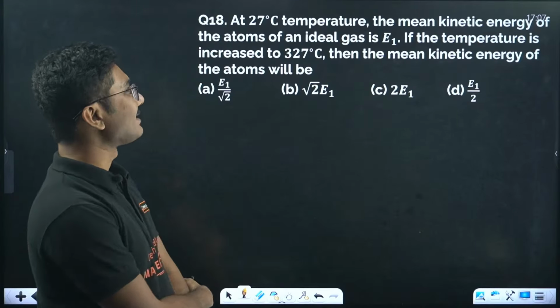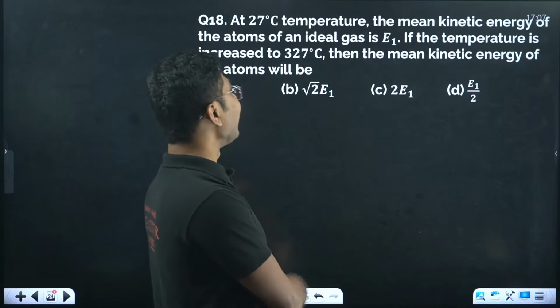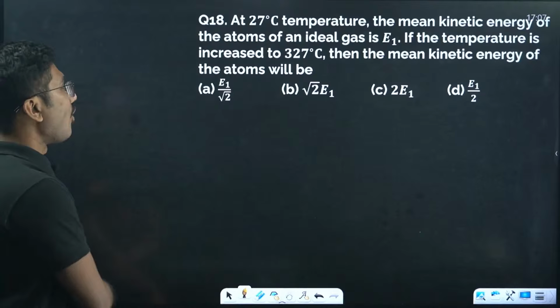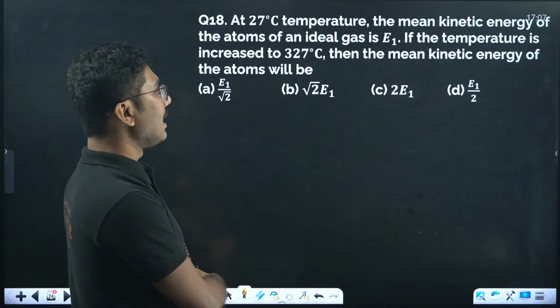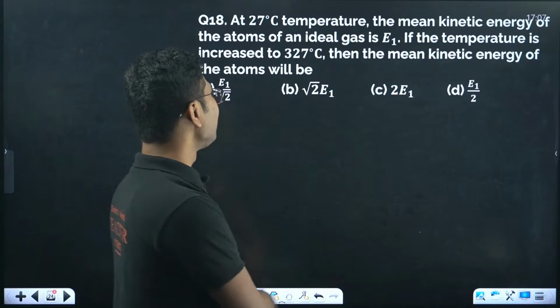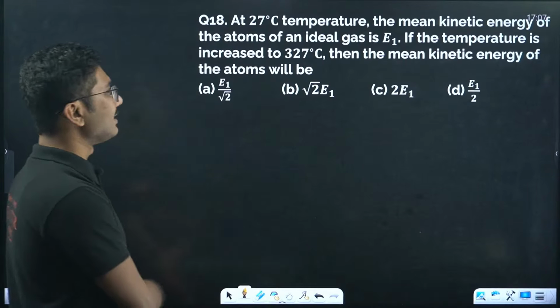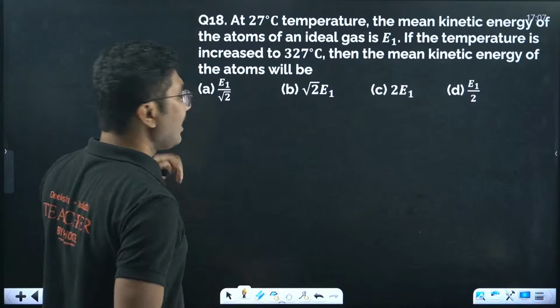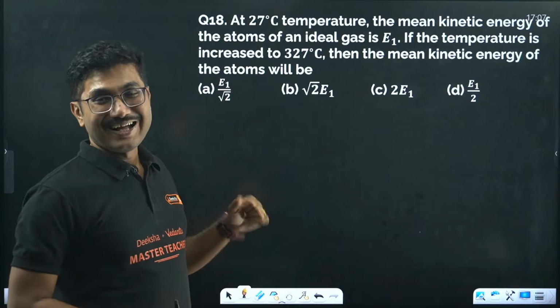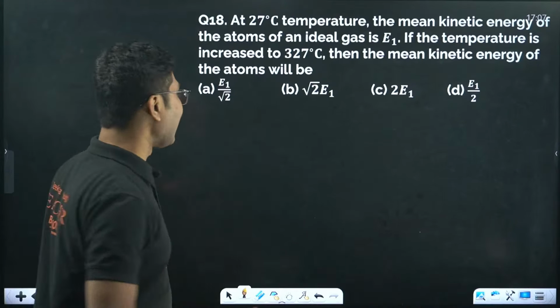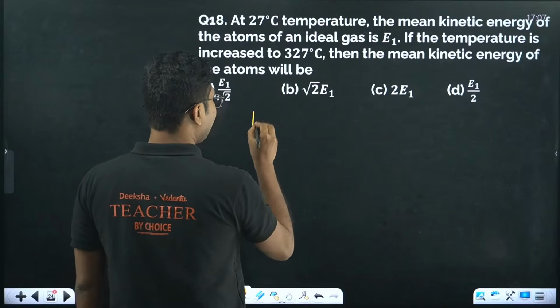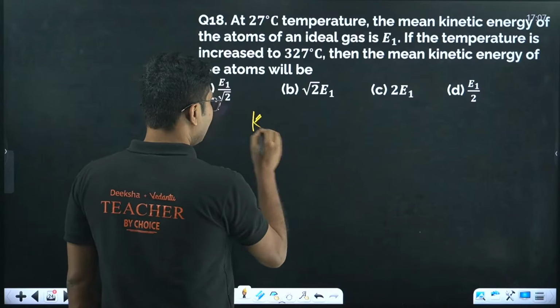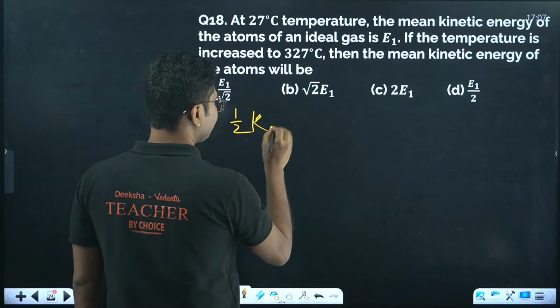At 27 degrees Celsius temperature, the mean kinetic energy of the atoms of an ideal gas is E1. If the temperature is increased to 327 degrees Celsius, then the mean kinetic energy of the atoms will be? Again, if you have understood the concept of mean kinetic energy, which says that mean kinetic energy is half kBT.